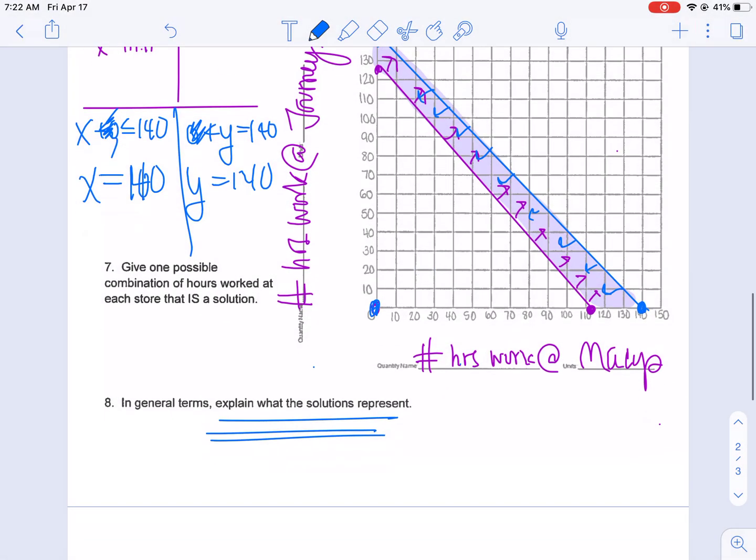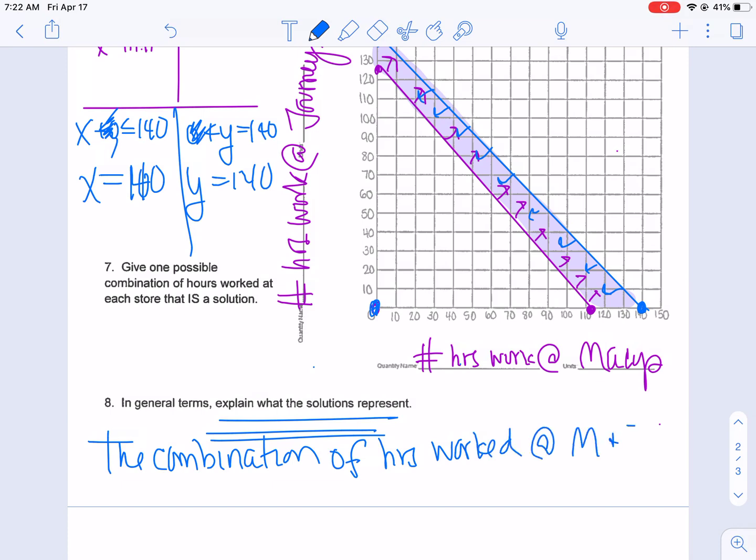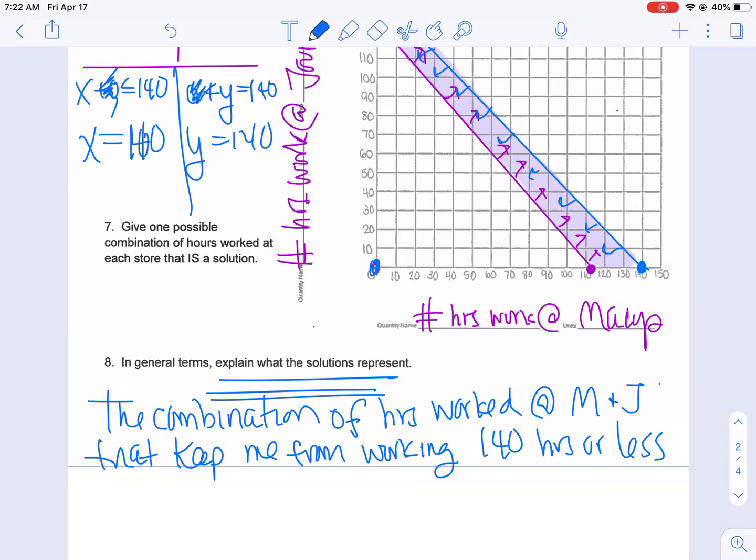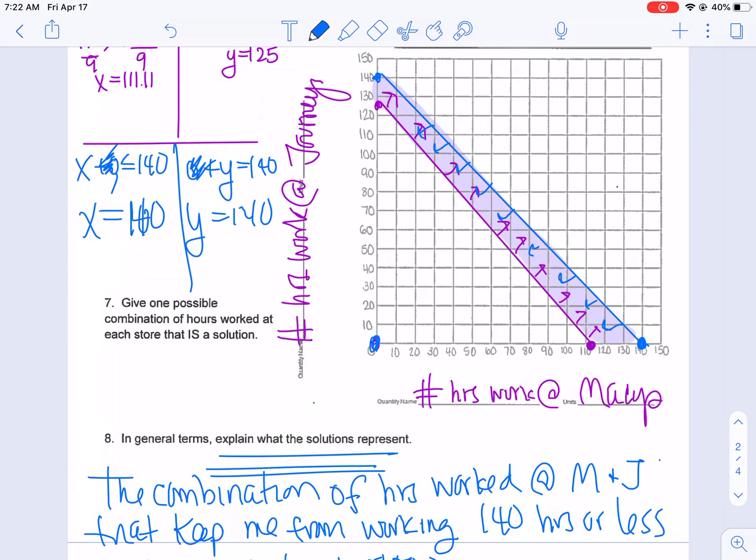Okay, so the combination of hours worked at Macy's and Journeys that keep me from working 140 hours or less, at most 140 hours, and earn at least $1,000.